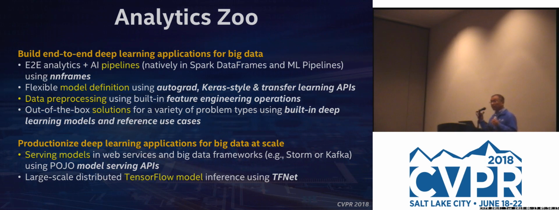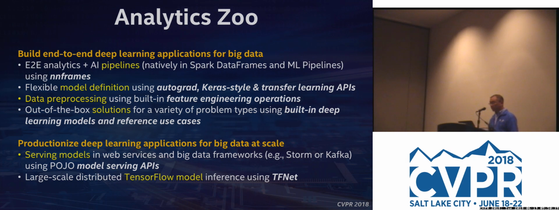First of all, as I mentioned, it makes it easier for people to build end-to-end deep learning applications for big data. So you can build your end-to-end data analytics plus deep learning AI pipelines using Spark natively in Spark DataFrame and ML pipelines through the nnframe package inside the NNSU. And it provides flexible model definitions.